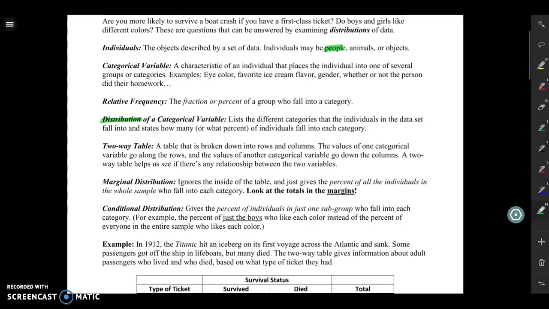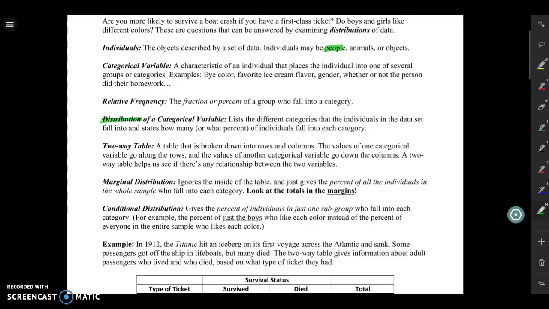So maybe in our situation, we would put along the top, is the person an adult or a kid? And then on the left side, we would list all of the favorite colors that people said. Then we would fill in the table to say, okay, we had 15 people that were adults that liked the color blue. So we're going to put a number 15 in the adult column and the blue row.